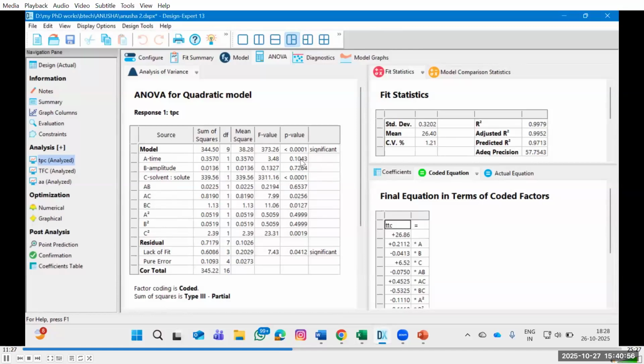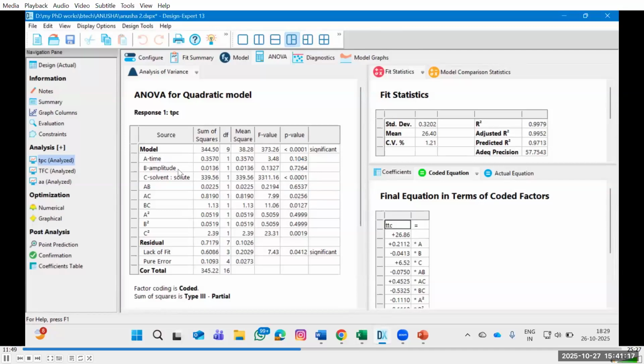Like here 0.01, 0.001 means these two are significantly affecting the phenolic compound. The respective p-values of the respective terms are time and the solvent to solute ratio.